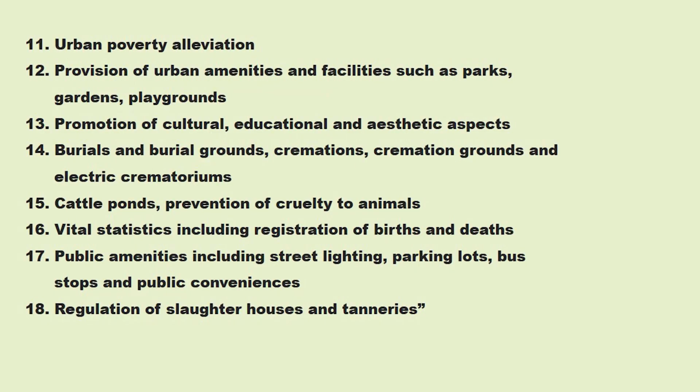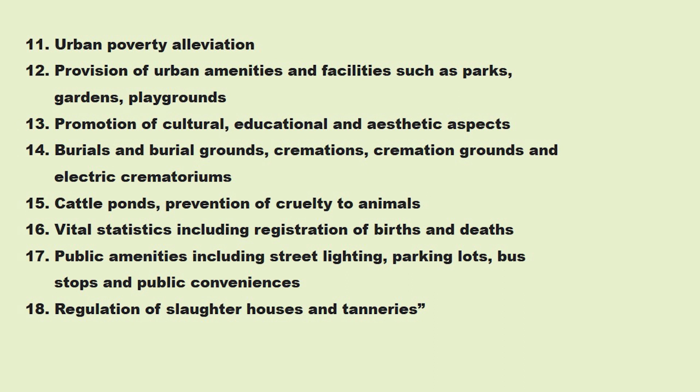So, this particular schedule also includes urban poverty alleviation, provision of urban amenities and facilities such as parks, gardens and playgrounds, promotion of cultural, educational and aesthetic aspects, burials and burial grounds, cremations, cremation grounds and electric crematoriums, cattle ponds, prevention of cruelty to animals, vital statistics which includes registration of births and deaths, public amenities which also include street lighting, parking lots, bus stops and public conveniences, regulation of slaughterhouses and tanneries.